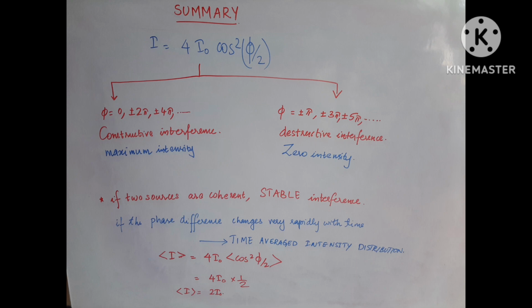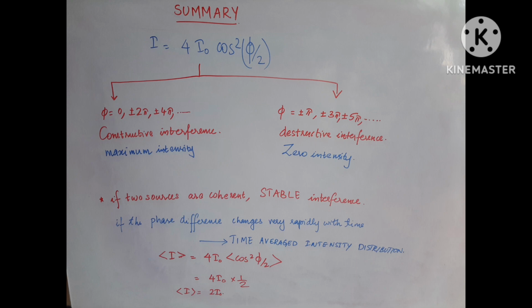So why can we not see the interference pattern for two light sources? We will generally say that it will not happen because of the time varying amplitude and phase difference.